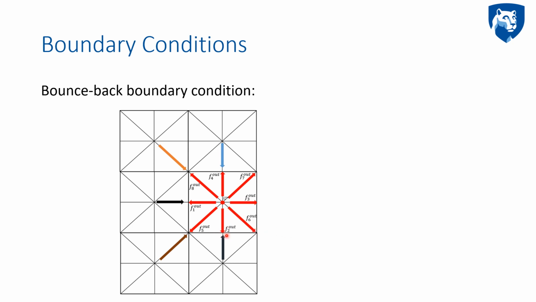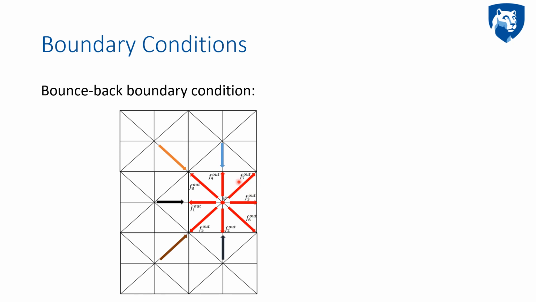So if we consider this cell right here, the distribution functions F4, 8, 1, 5, and 2 are all going to move to the neighboring cells. F0 is going to remain the same, but F7, F3, and F6 have nowhere to go since this is a boundary right here. Similarly, the distribution functions from the neighboring cells are going to come in to fill in all of these locations except for 7, 3, and 6.